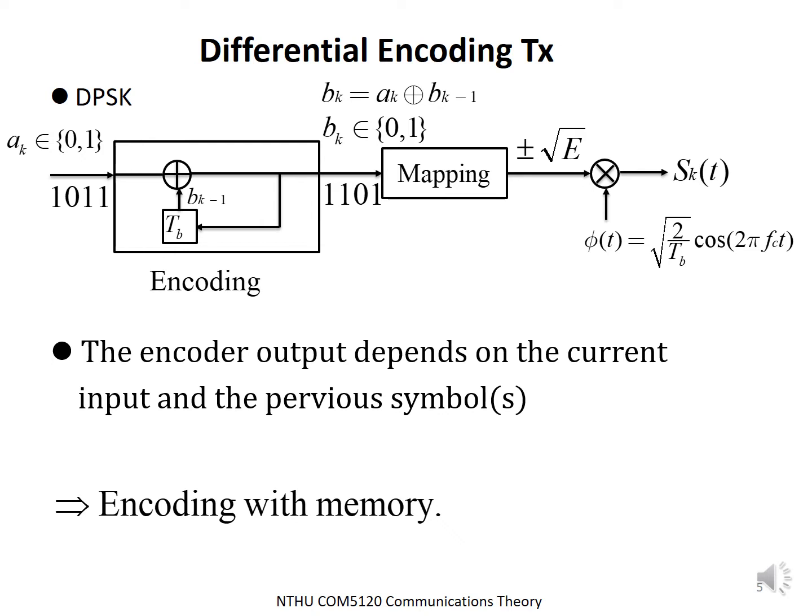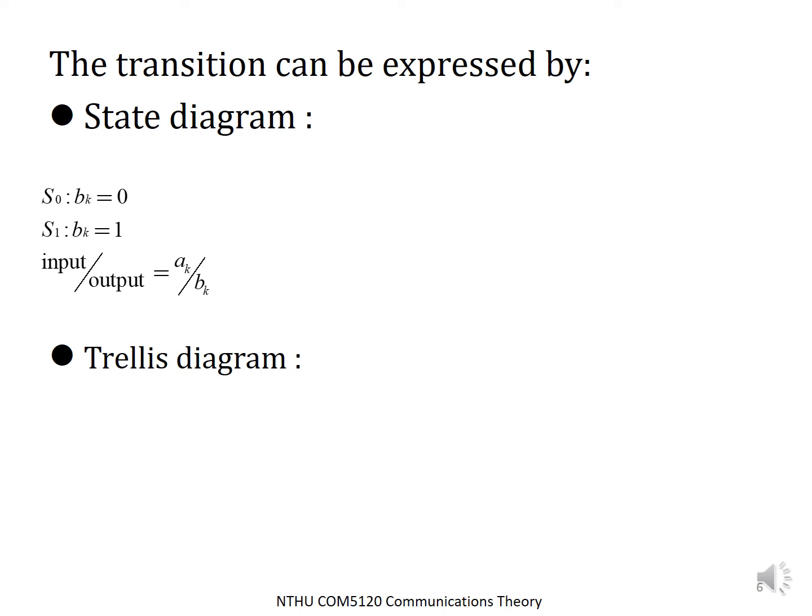That's why we have the encoding with memory. The behavior of this differential PSK, or the transition from one symbol to another symbol, can be described or expressed by the state diagram or the trellis diagram.